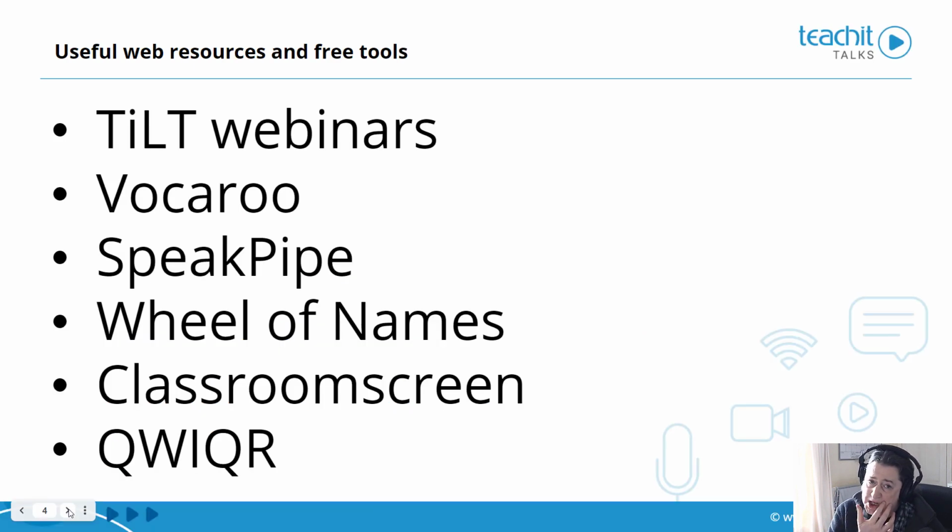Okay, so this is what we're going to cover in the 30 minutes or so of the webinar. I'm going to start off by talking about the Tilt webinar series, which I have created in conjunction with the Association for Language Learning, and in particular Helen Myers, who's the chair of the London branch of the Association for Language Learning. We're then going to look at a couple of speaking tools which are good for remote and hybrid contexts, Vocaro and Speakpipe.